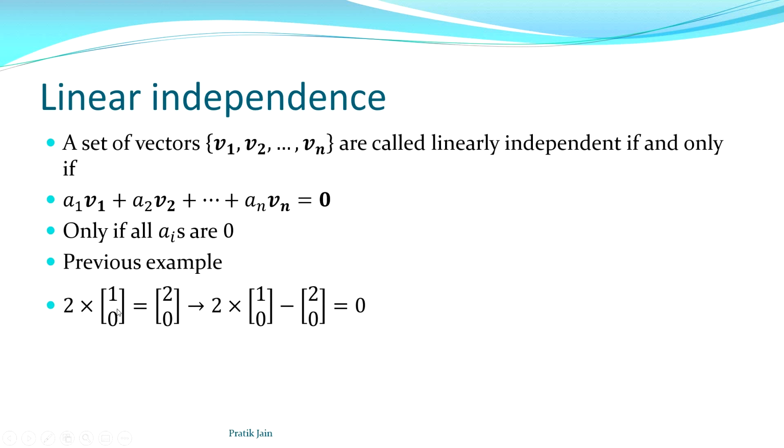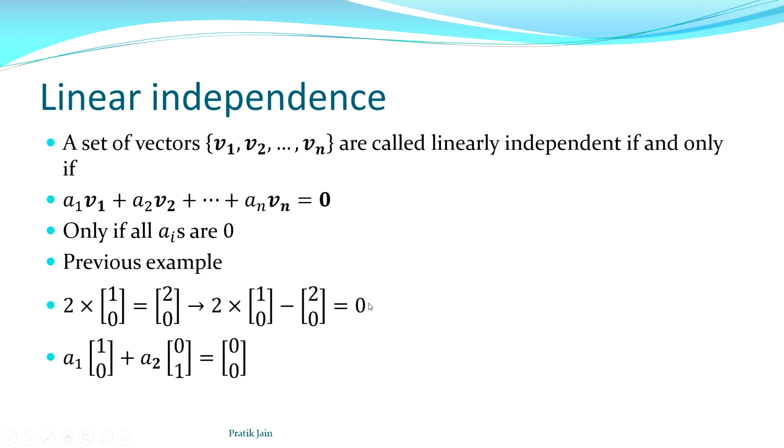So if I put this on the other side, I just subtract this on both sides. So I get this. So this is giving me 0. Now this is giving me 0 even if I have scalars that are non-zero. So 2 is not 0, here I have 1 which is not 0, and still I am getting 0, right? So that is the trick.